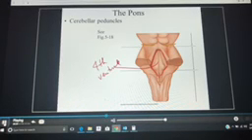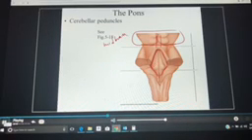Keep in mind, folks, right before that you have your cerebral aqueduct that runs within the midbrain. So this area here is the midbrain. This part here is your pons, and everything below here is your medulla oblongata.